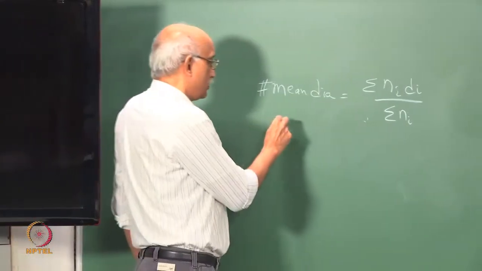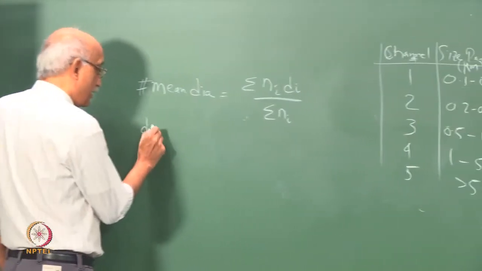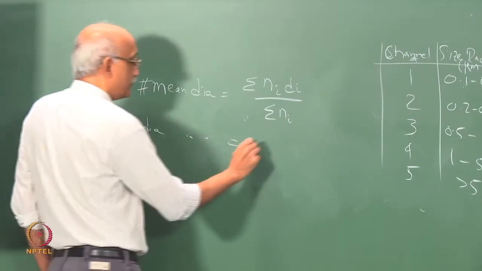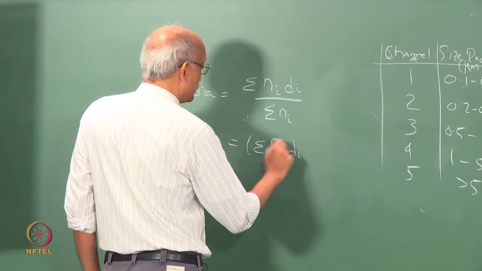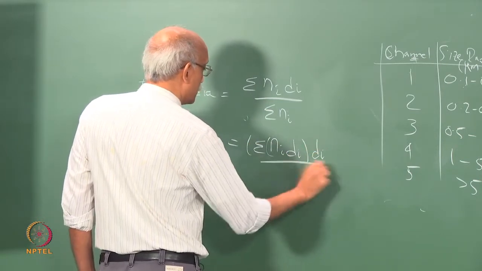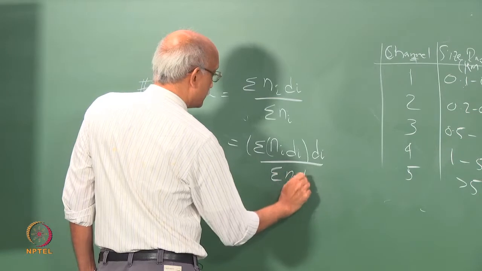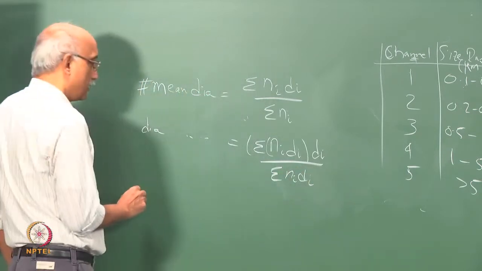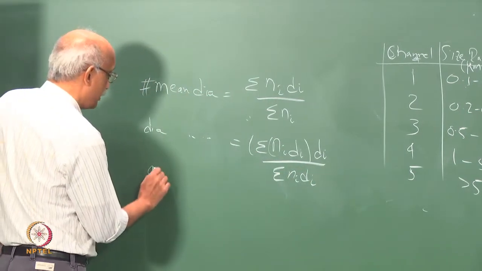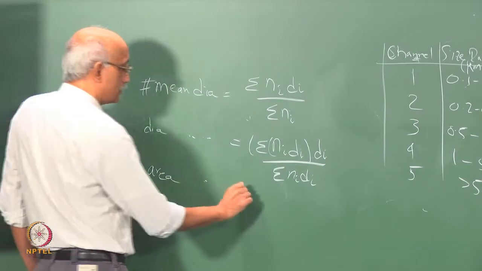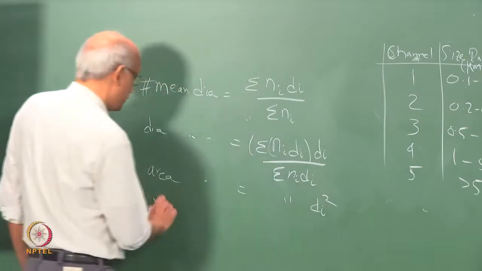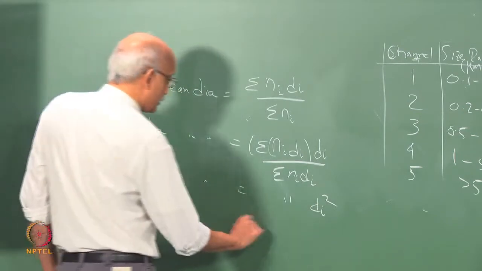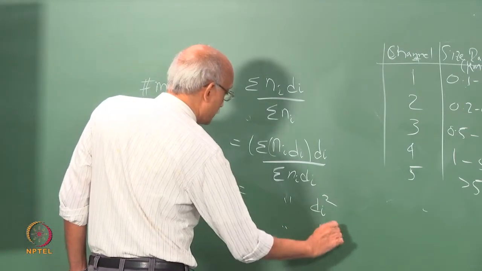You can also talk about a diameter mean diameter, which is summation n_i d_i squared over summation n_i d_i. You can talk about an area mean diameter, which is the same thing, with d_i cubed over d_i squared. A volume mean diameter, same thing, with d_i to the fourth over d_i cubed.